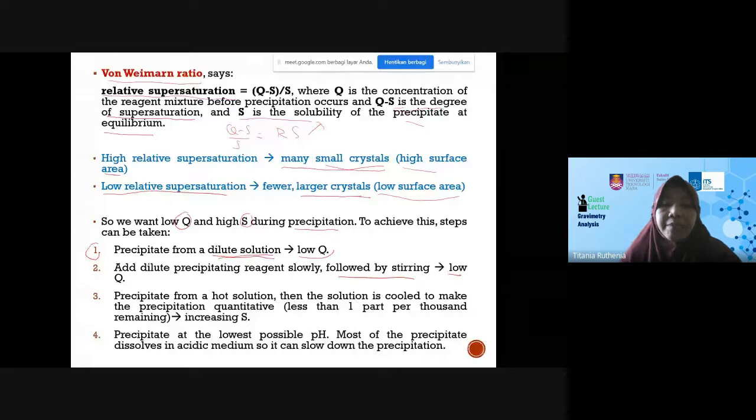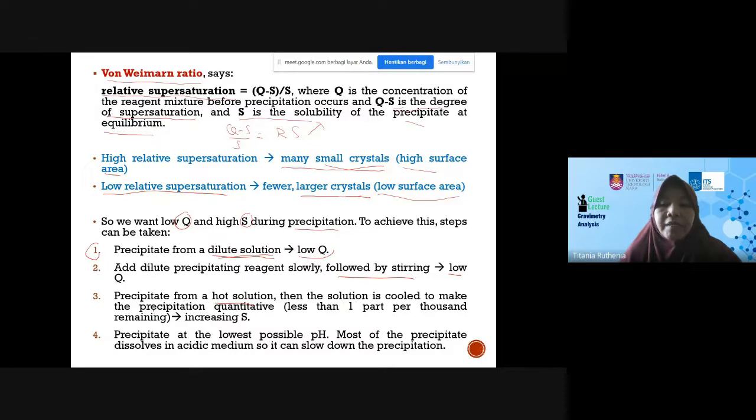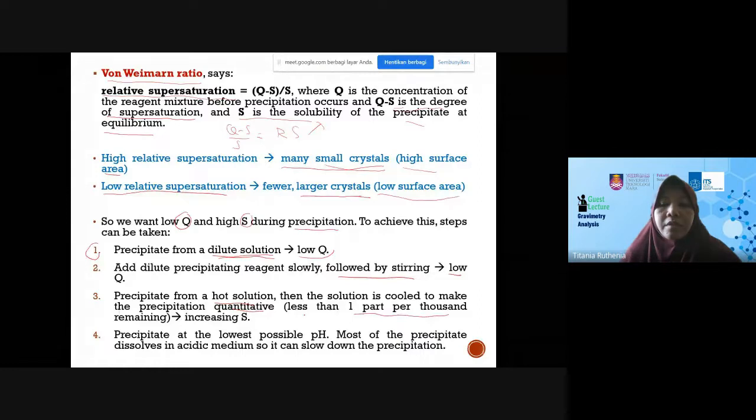And then we precipitate from a hot solution, then cool down the solution to make the precipitate quantitative. It means that the remaining or the loss is less than 1 part per thousand. In this case, it will increase the S. And then the fourth one is we do the precipitation at the lowest possible pH, because most precipitates will dissolve in acidic medium.